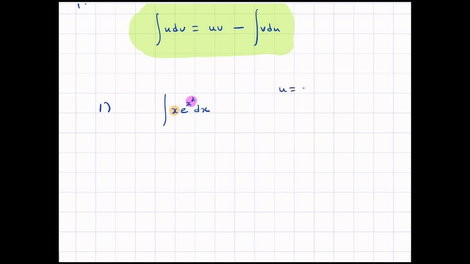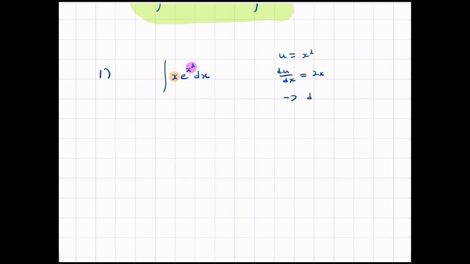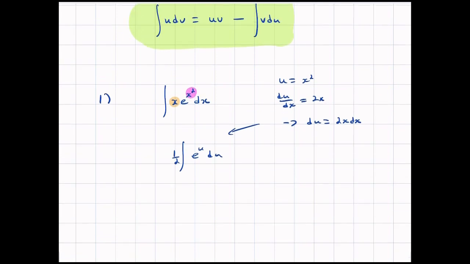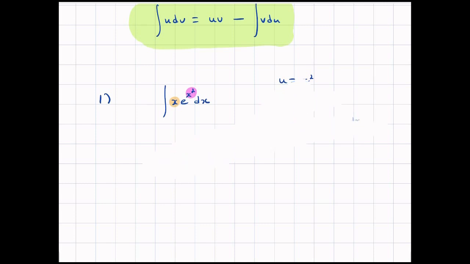I could set u equal to x squared, then du/dx is 2x, making du equal to 2x dx, and then I could substitute this in and get 1/2 e to the u du. So that's the pattern: a function of a function multiplied by the derivative of that function.